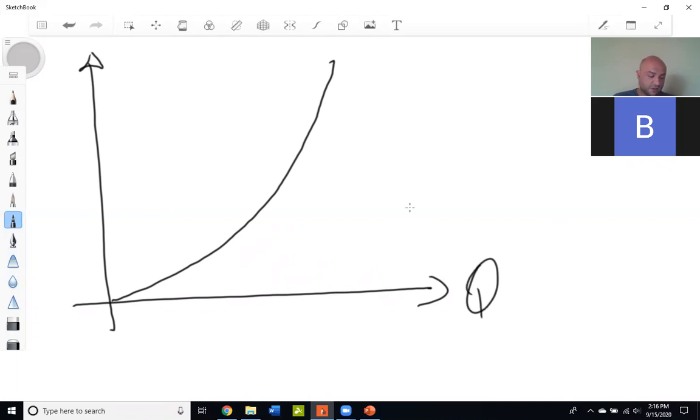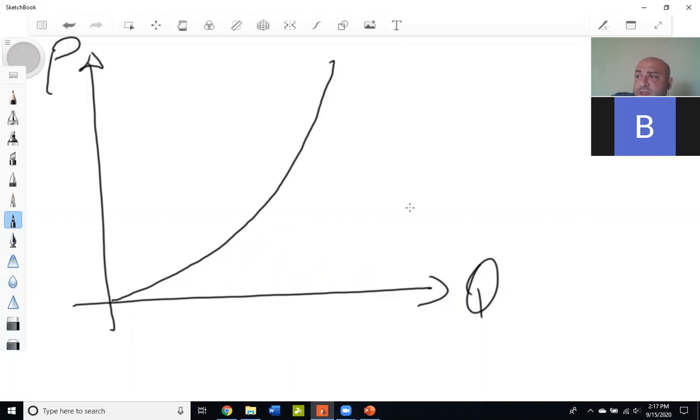This is the quantity of everything and the price of everything. When you're talking about everything, the price of everything is the opportunity cost of producing it. The opportunity cost of producing everything is the environmental damage.